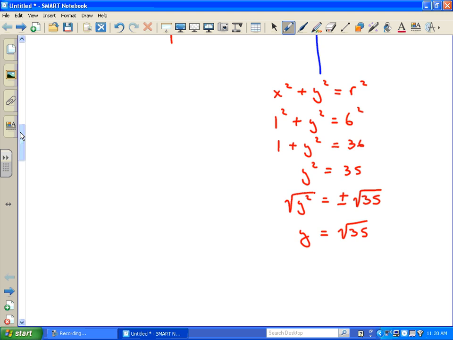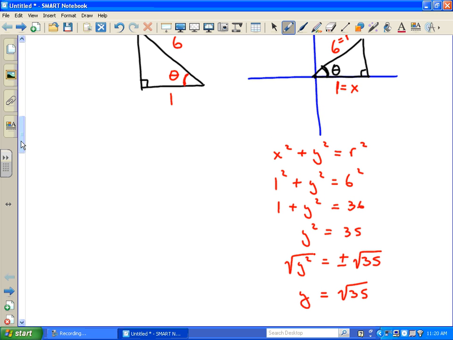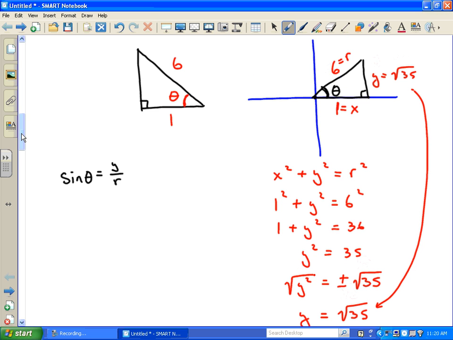Now from here, I will go to the side and write down the values of each of my 6 trig functions. Sine of theta, I know that that's y over r. The y value I found was the square root of 35, so I will have the square root of 35 divided by 6.